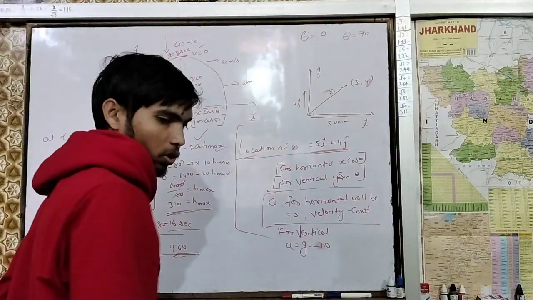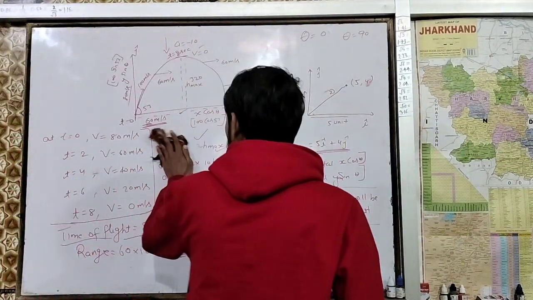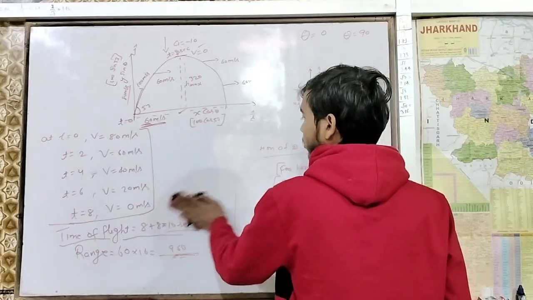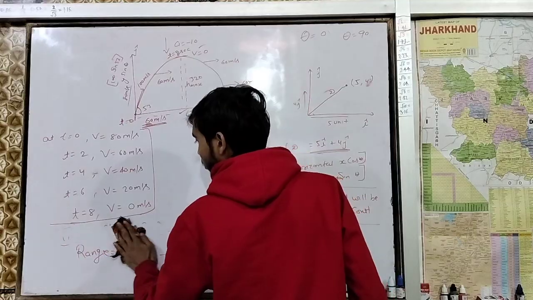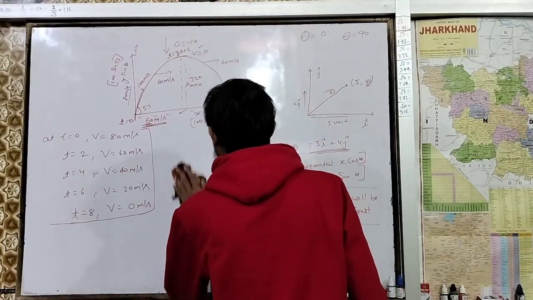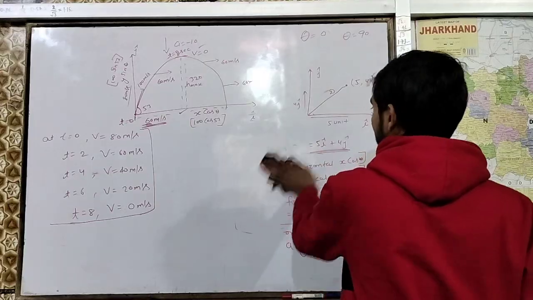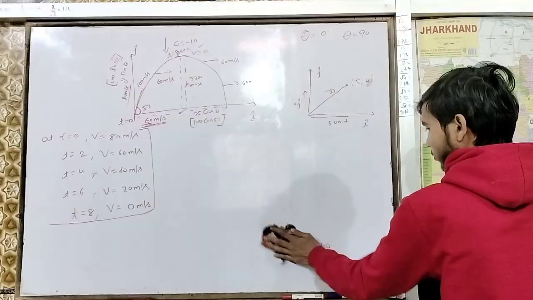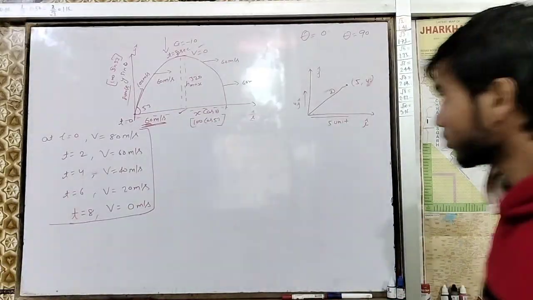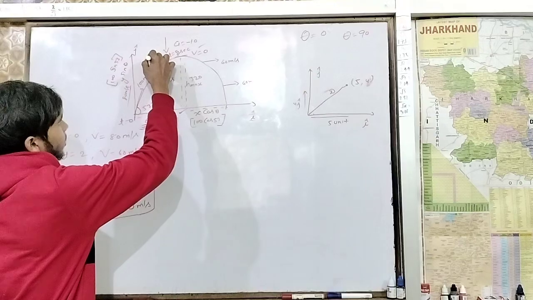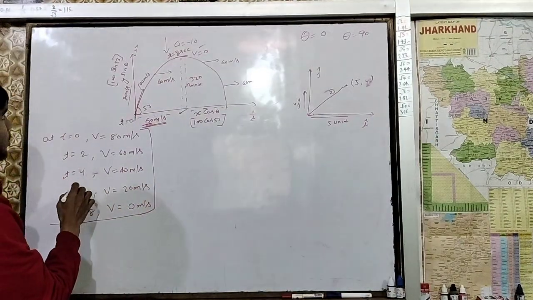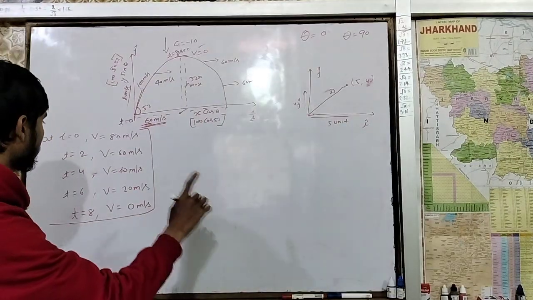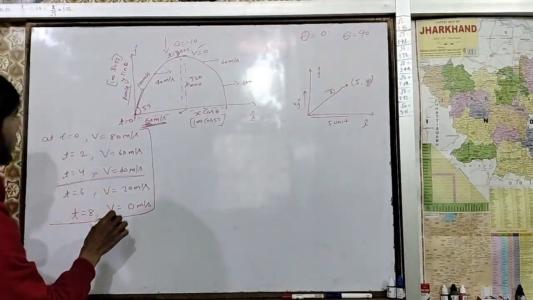Now, in the language of a vector, you can say like this. Over here, t is equal to 4. At 4 seconds, velocity is 40 meter per second.